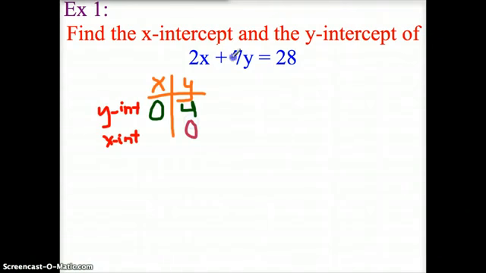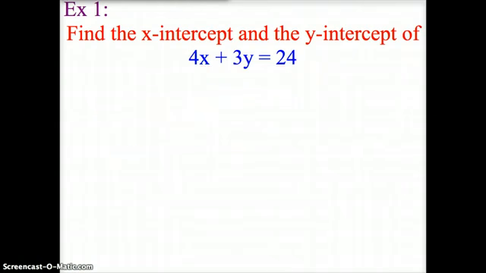If y equals 0, 7 times 0 is 0, so that goes away. 2 times some number is 28. Divide both sides by 2, and x equals 14. So now you have two ordered pairs to graph, and you can graph this equation.